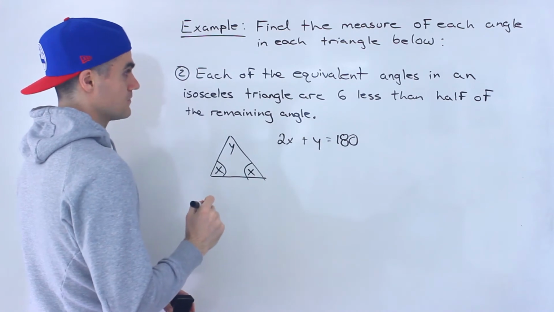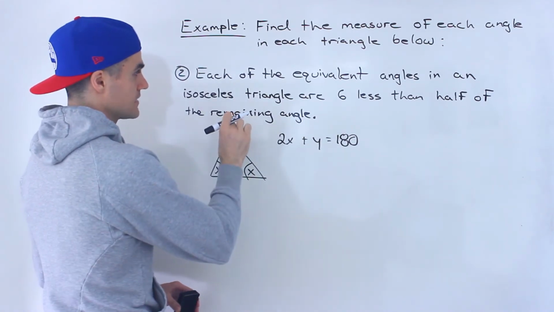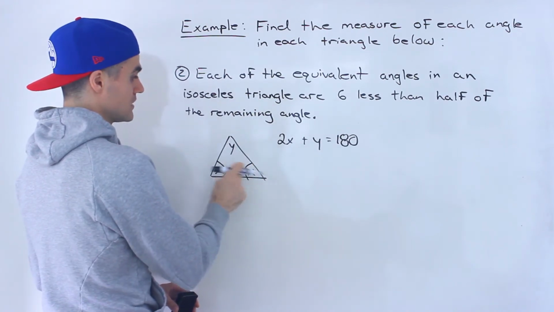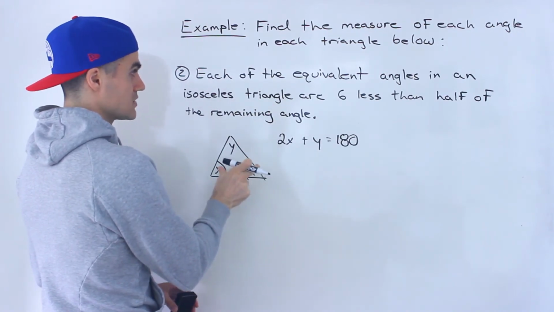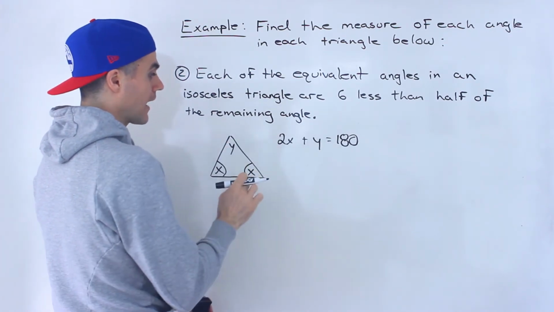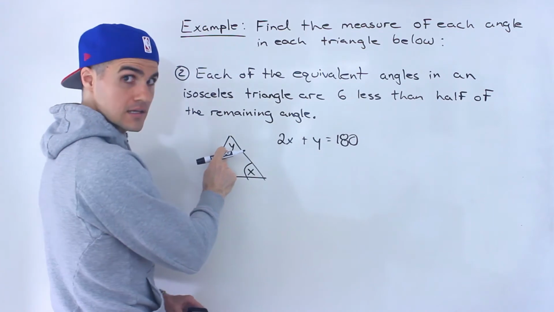That's the first equation. The second equation, let's read this sentence carefully. Each of the equivalent angles, which are these, in an isosceles triangle are 6 less than half of the remaining angle. The y is the remaining angle.